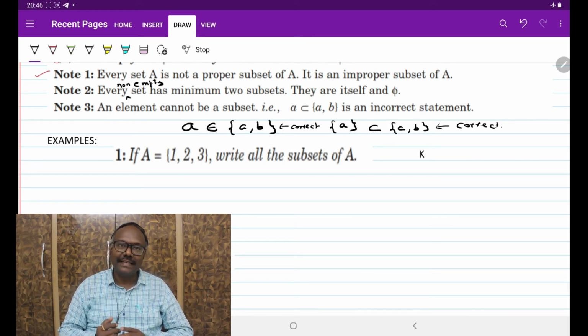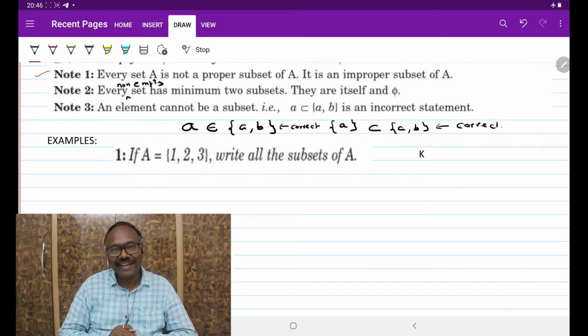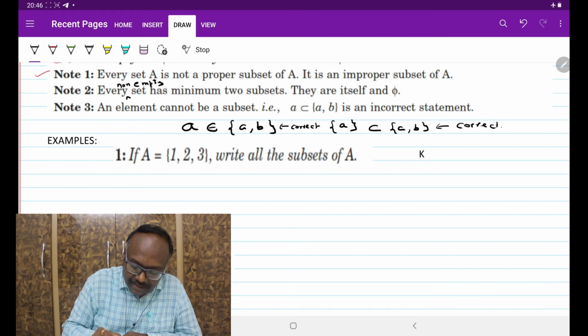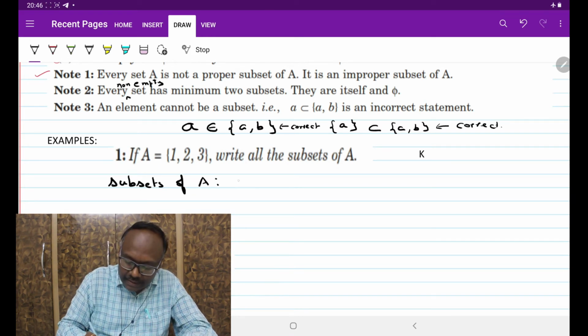Okay. Now let us see a small example of how to write the subsets. If A is equal to {1, 2, 3}, write all the subsets of A. So let us write down the different subsets of A. We know that null set is a subset of every set. So the first subset is null set.